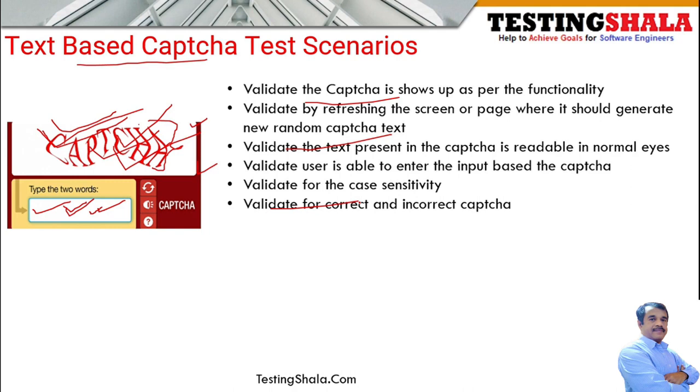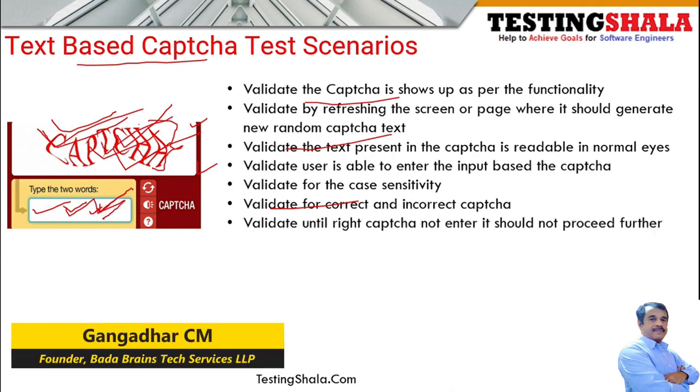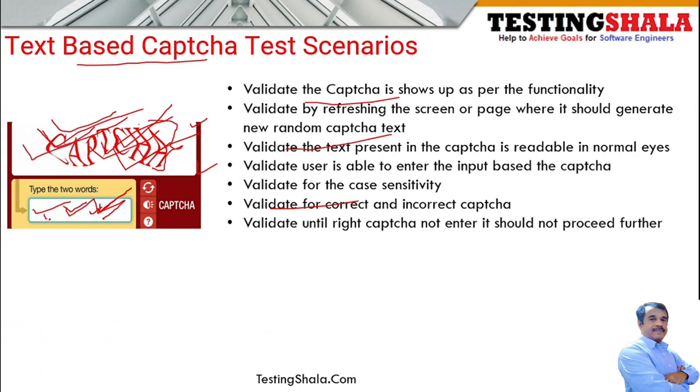If I provide an incorrect Captcha, then you should throw an error message saying that you have not entered the right text which is displayed on the top into this text field. That validation also you should make. It should only proceed further when both the Captcha text and what we entered here match. Then only you should take the user to the next page.